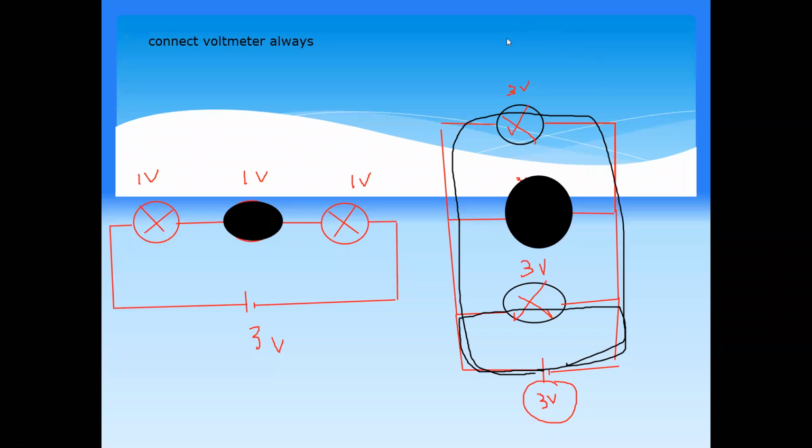Whenever we want to connect a voltmeter, we always connect it in parallel, because in parallel the voltage is the same.